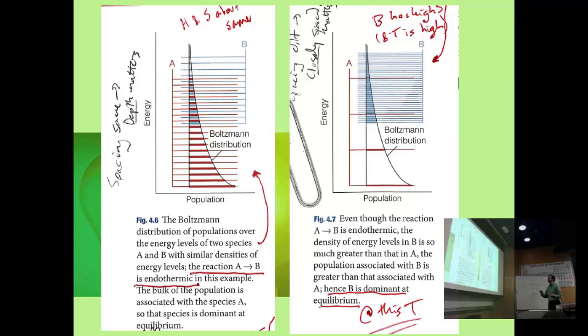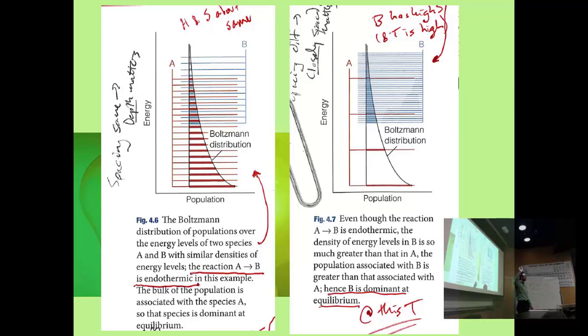There's the same number of molecules, but the question is, why do I have so much more B over here? It's because A gets full, and the levels are so spaced that by the time you get to the third level of A, you have like 5 levels of B. And by the time you get to the fourth level of A, you have like 24 levels of B. And so the B fills up the energy, even though it's at the small tail end of the Boltzmann distribution.